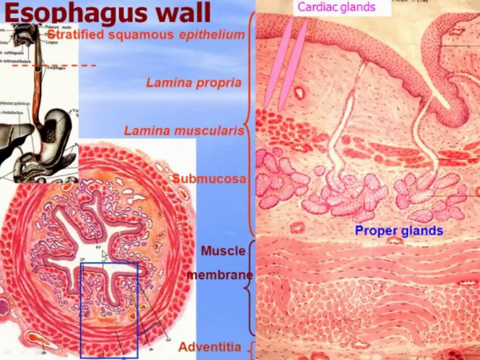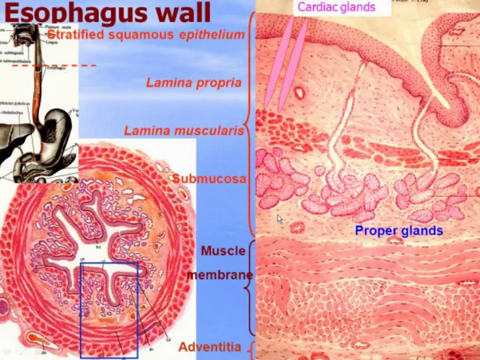When a piece of food is going through, this lamina muscularis relaxes and the folds disappear, and the food can easily go through the esophagus into the stomach.